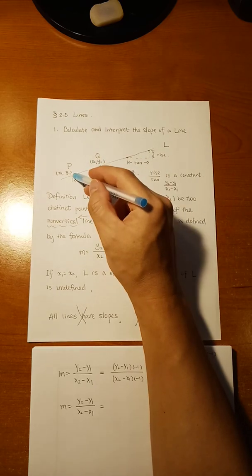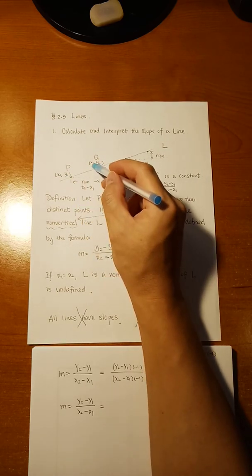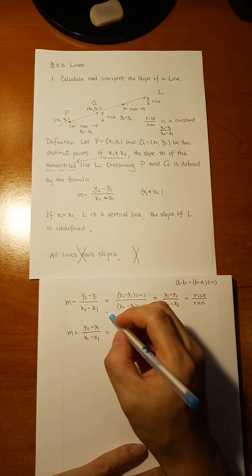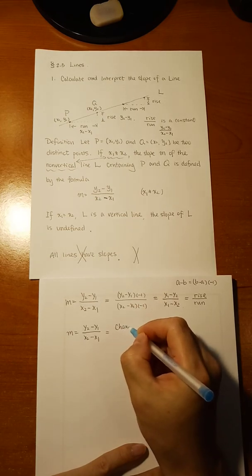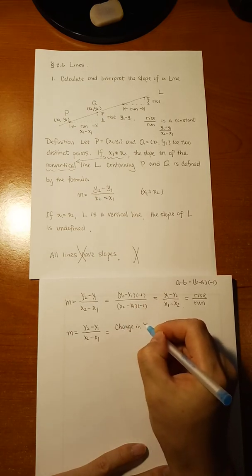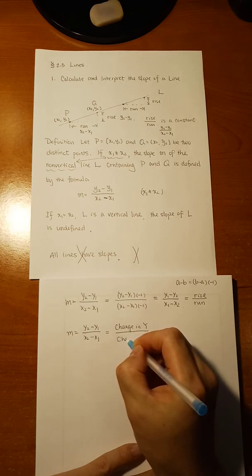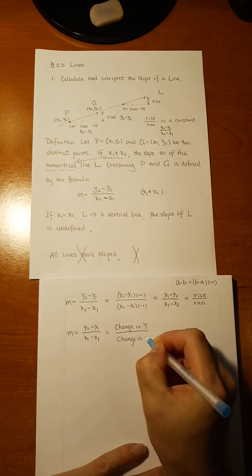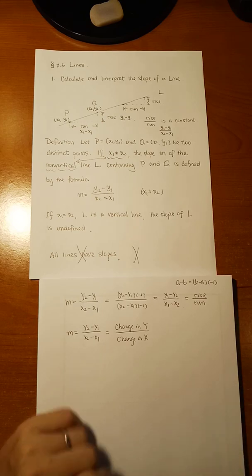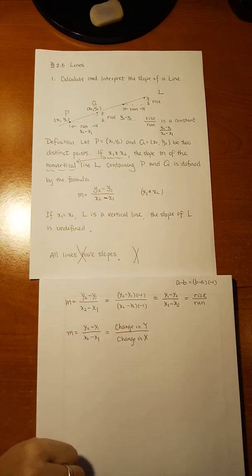It is y2 minus y1. What is the change in the x direction? It's x2 minus x1. So the numerator is the change in y, the denominator is the change in x.